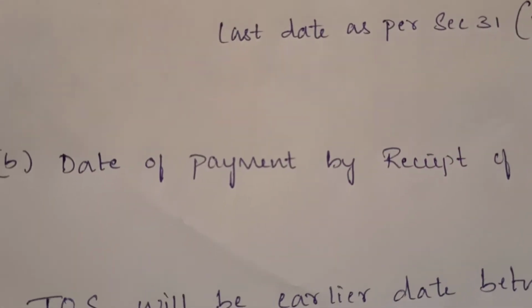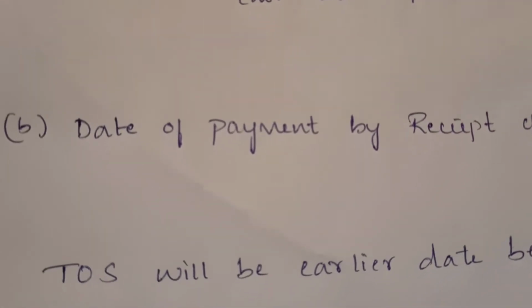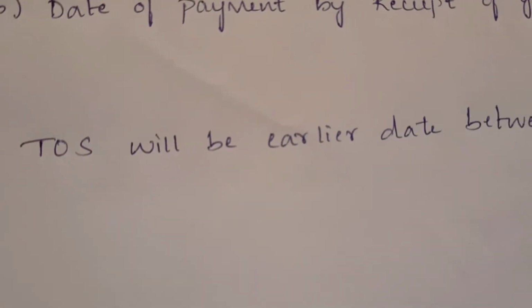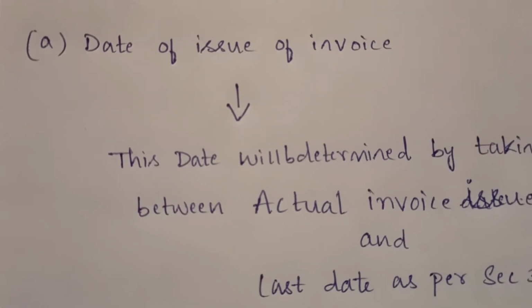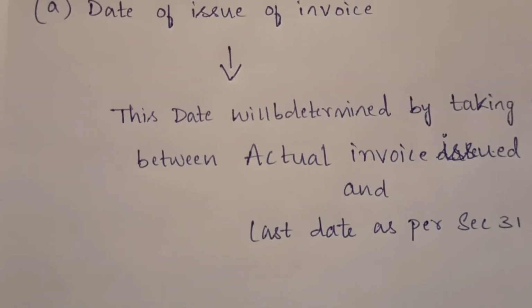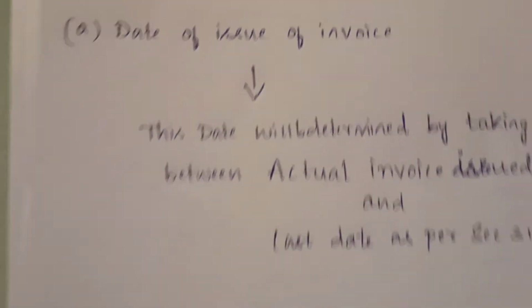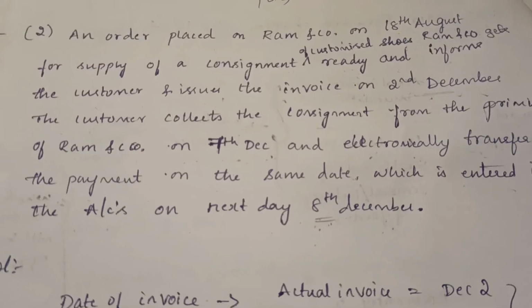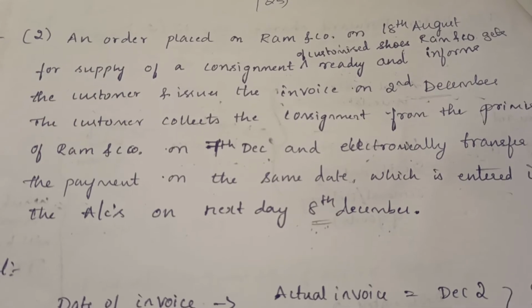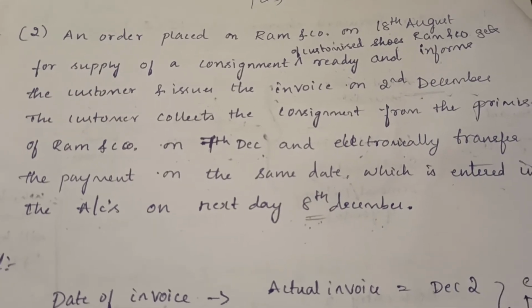The payment date should be considered. Then the time of supply will be the earlier date between A and B. That means the time of supply will be the earlier date between the date of issue of invoice and the date of payment or receipt of goods.